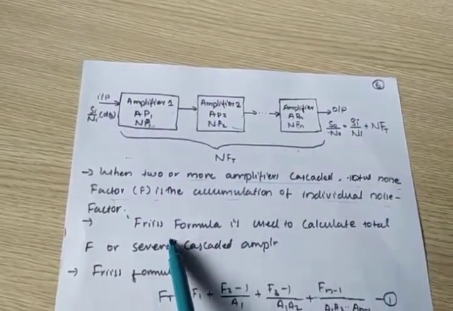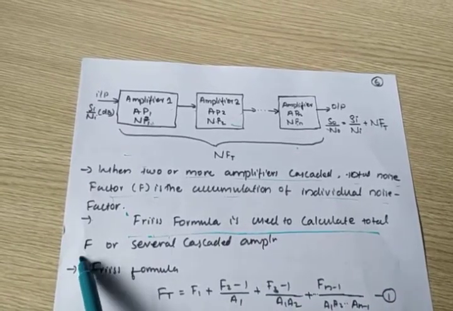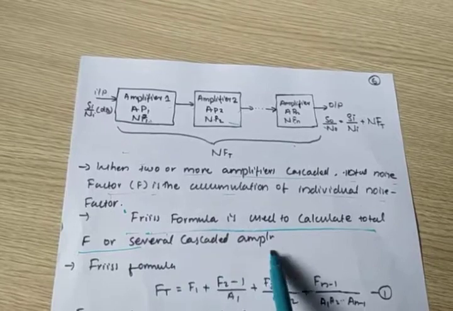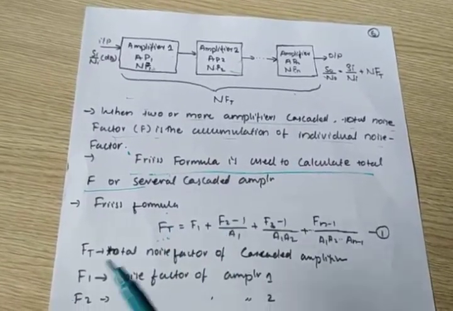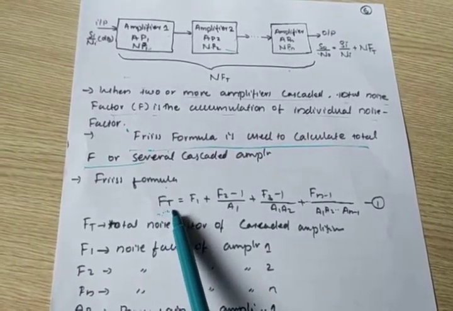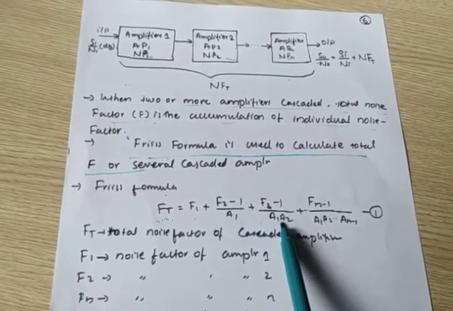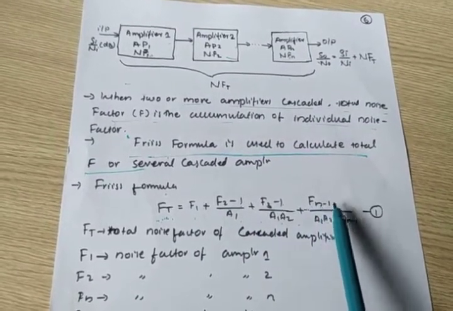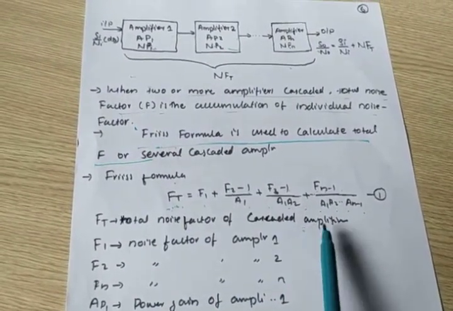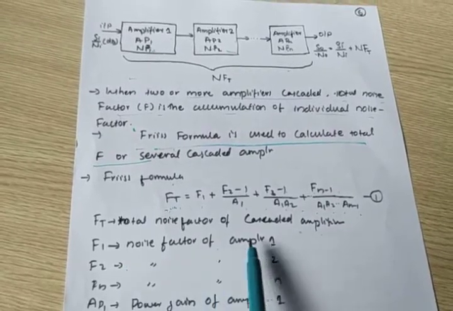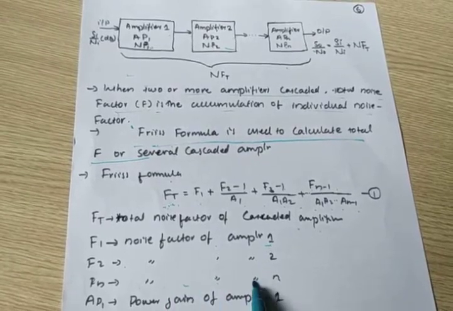Friis' formula is normally used to calculate the noise factor F. If several cascaded amplifiers are there, we use Friis' formula to find the total noise factor. According to Friis' equation, Ft is equal to F1 plus (F2 minus 1) by A1 plus (F3 minus 1) by A1 A2, and so on, up to (Fn minus 1) by A1 A2 etc. A(n minus 1), where Ft is the total noise factor of the cascaded amplifier, F1 is the noise factor of amplifier 1, and Fn is the noise factor of amplifier n.